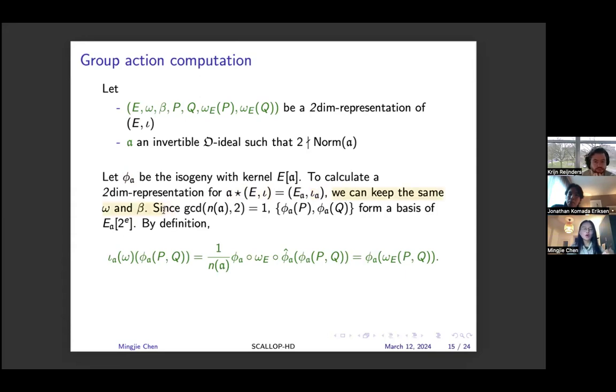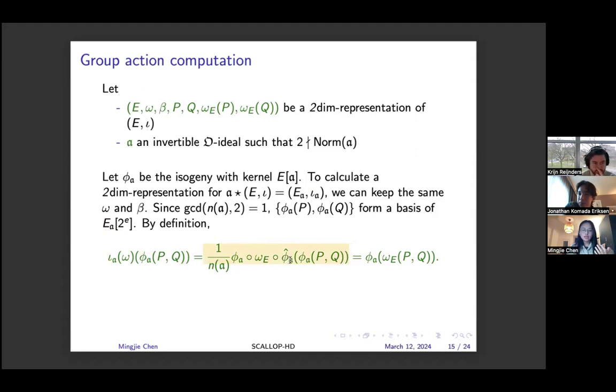We can keep the same omega and beta because we are working with the same quadratic order. And because we assume the norm of A and 2 are coprime, then phi A P, phi A Q also form a basis of the 2 to the e torsion of EA. Then by definition, iota A omega acting on this new basis of the 2 to the e torsion of EA is the following.